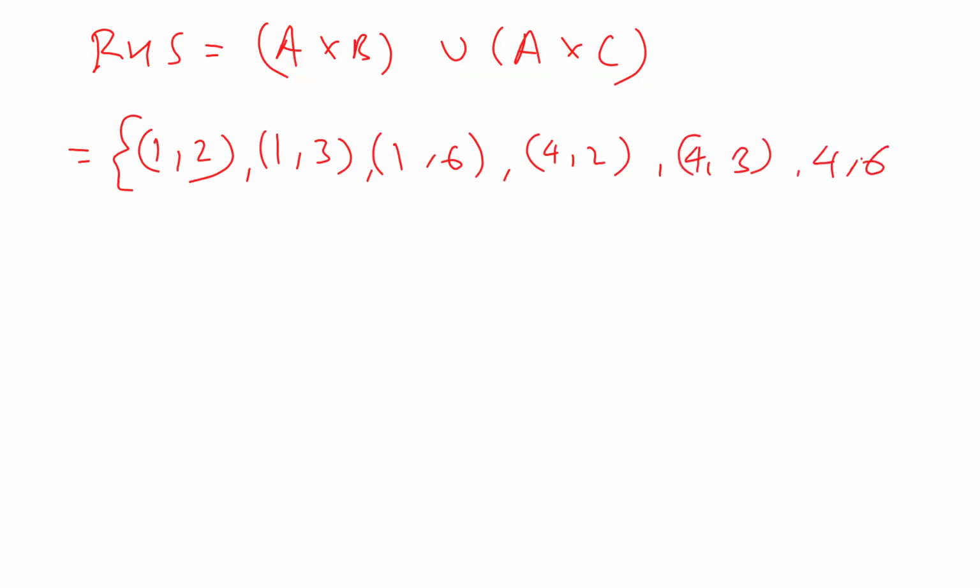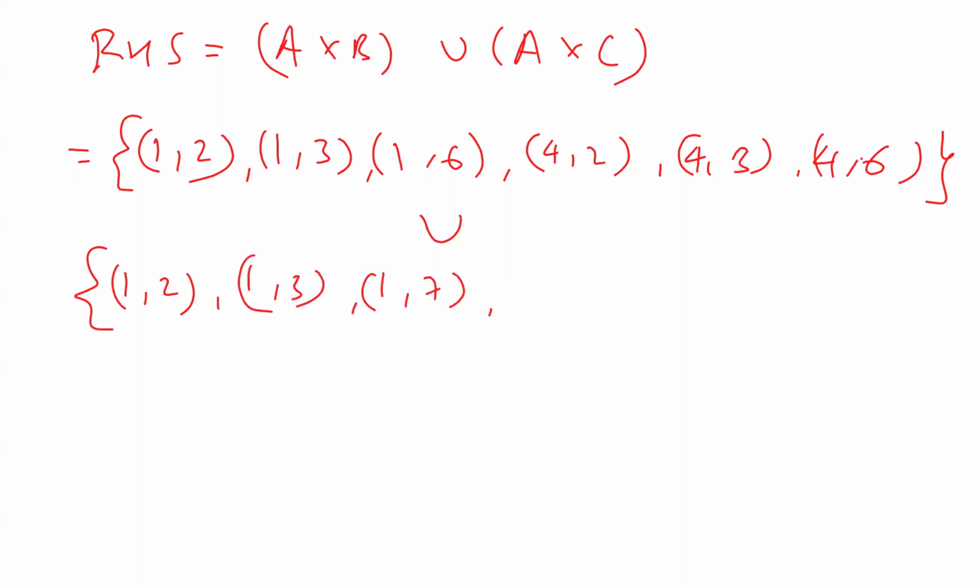This is A cross B union A cross C. So A cross C is 1, 2, 1, 3, 1, 7, 4, 2, 4, 3, 4, 7.